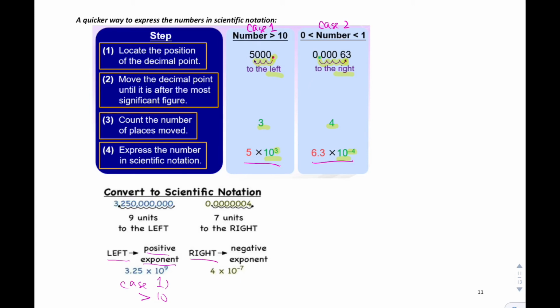And when we have the number between 0 and 1, then the decimal point has to be moved to the right. So we have a negative exponent.